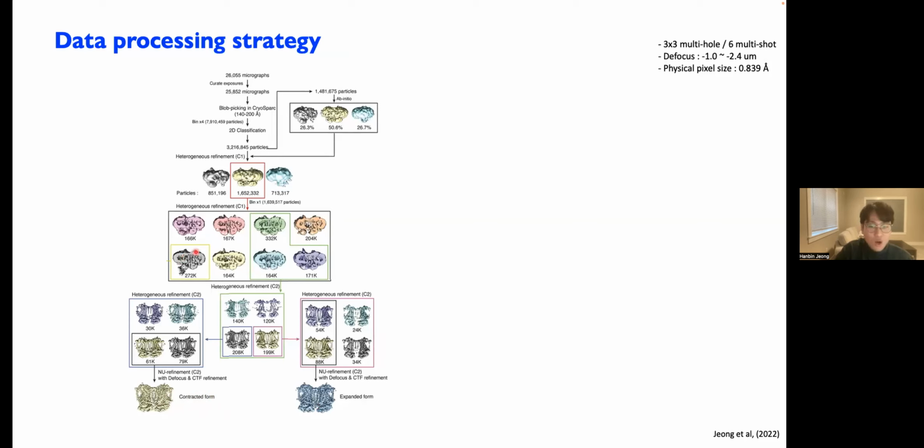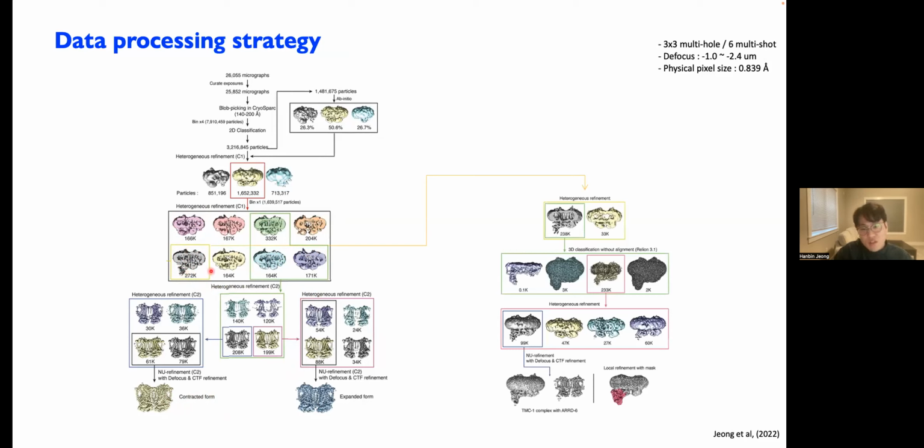And among the initial 8 classes from heterogeneous refinement, one of the classes had an additional density feature in here. So further heterogeneous refinement and 3D classification without alignment were performed in RELION.